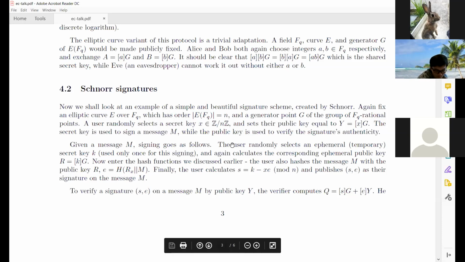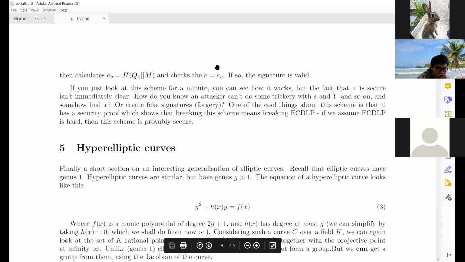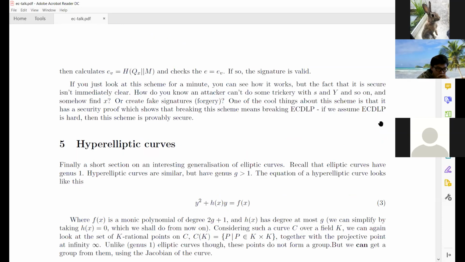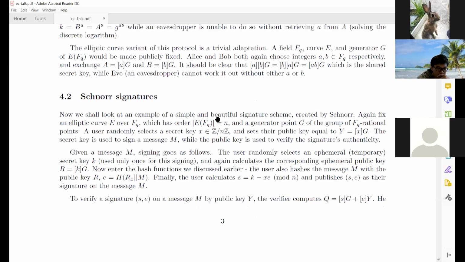Some of the more intense examples are even worse. But if you've got this security proof here, then it gives a bit more confidence to the whole thing: if you can make a forgery, then you do break this hard problem. So even with all the moving parts, hopefully, if the proof is right, of course, we know that it is provably secure. That's one of the nice things about this.